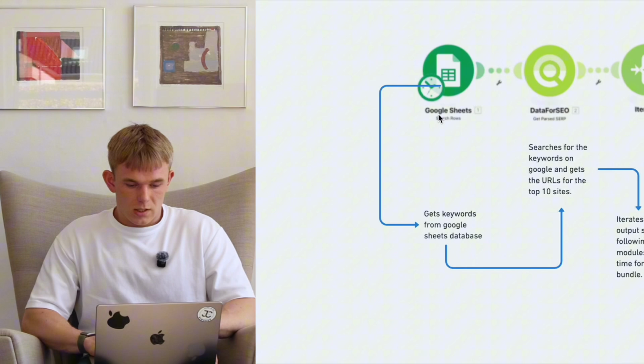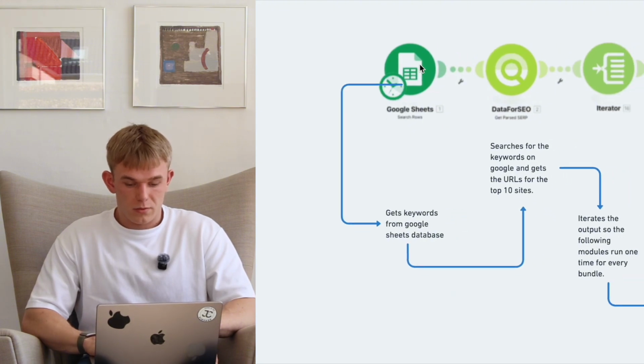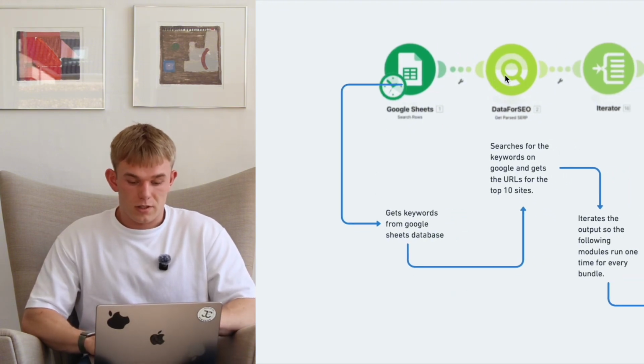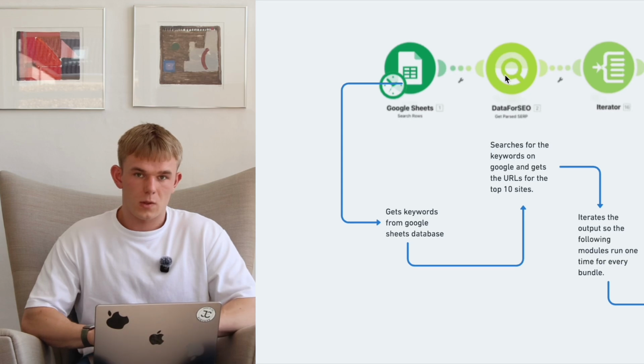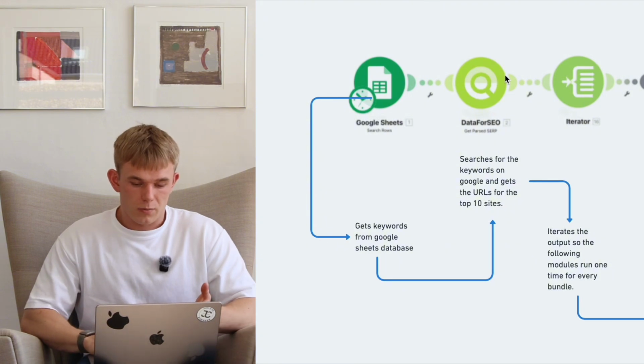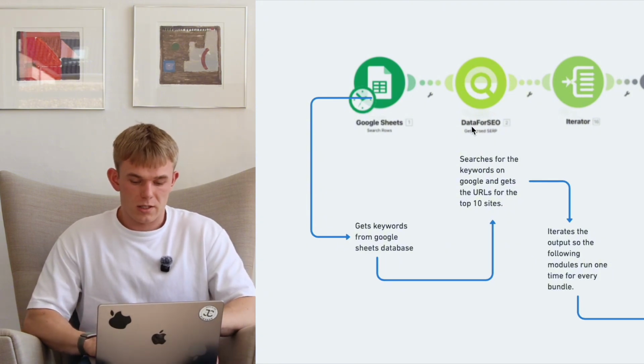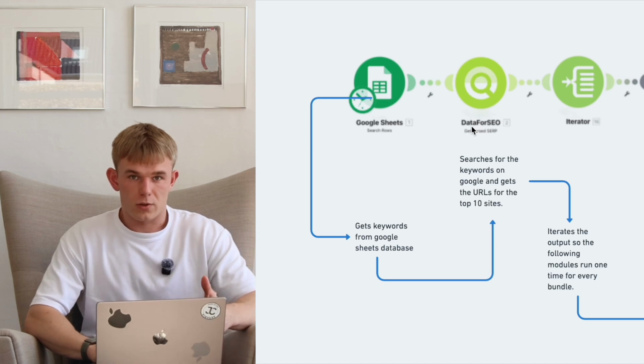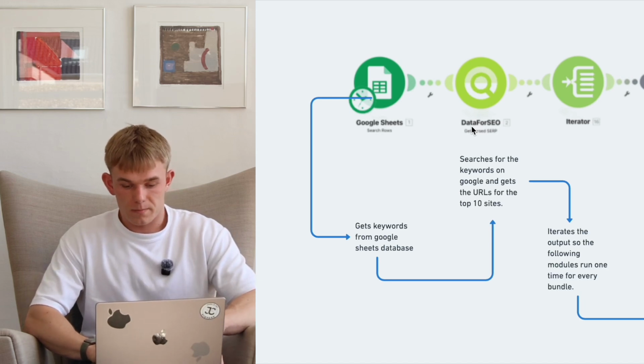It takes the keywords and puts them into this Data for SEO module, which is software that lets you search keywords on Google and returns the URLs and links for these websites. So it searches for all the keywords, then it iterates.